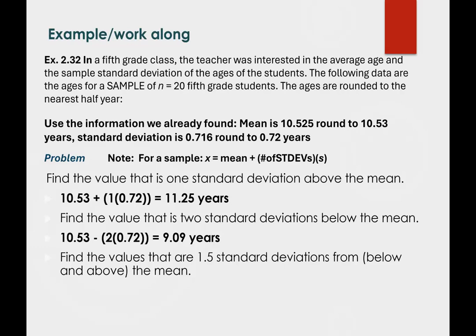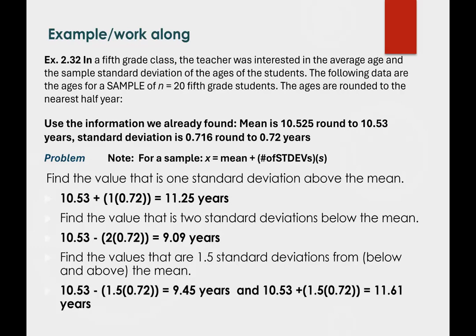Above and below is what we want on that one. So pause the video and go ahead and try that on your own. And I'm going to go ahead and reveal the answer. Okay, so the answers are 9.5 years and 11.61 years.